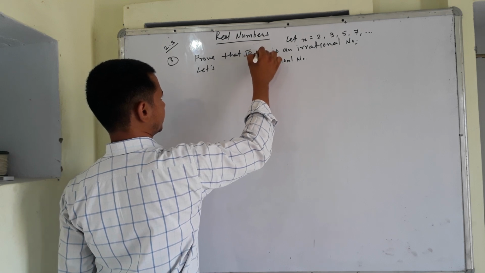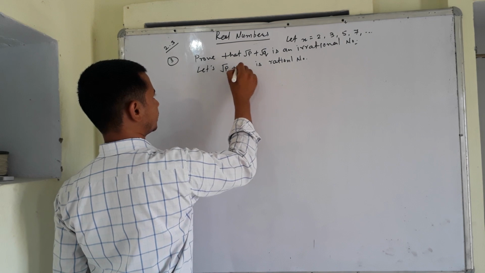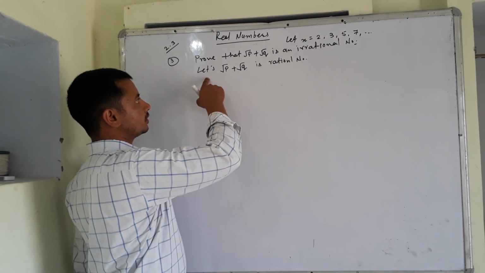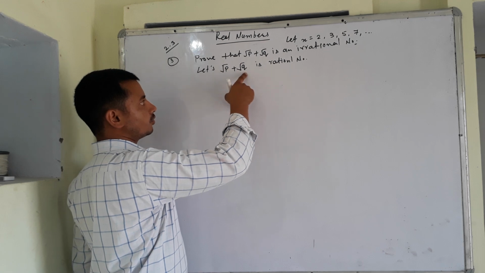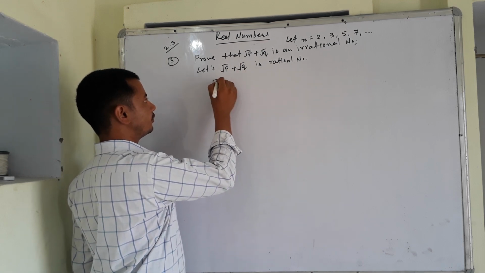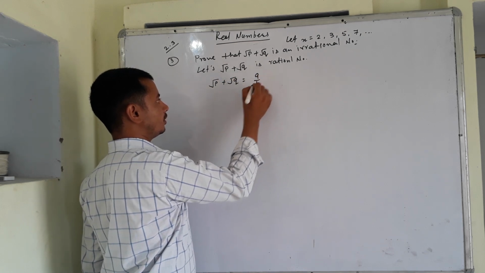Let's assume root p plus root q is a rational number, then we can write root p plus root q equal a upon b.